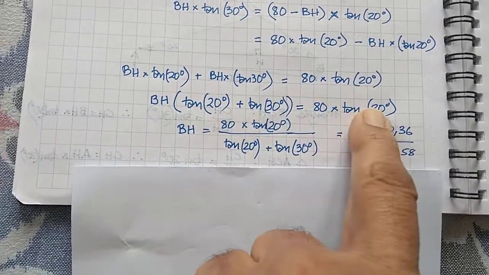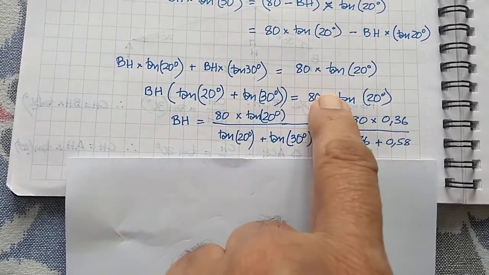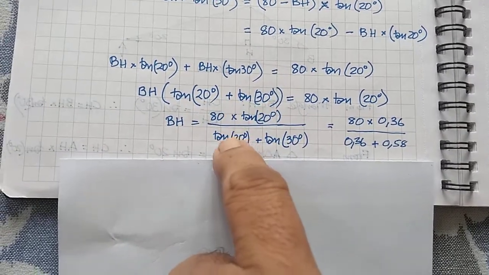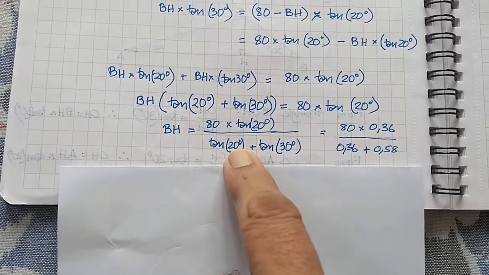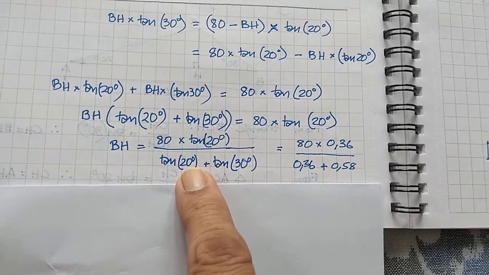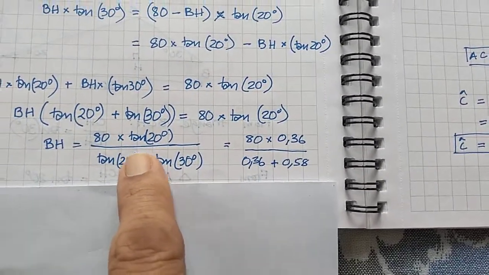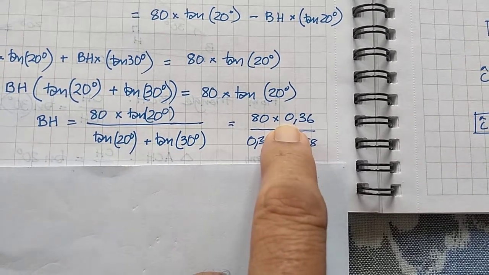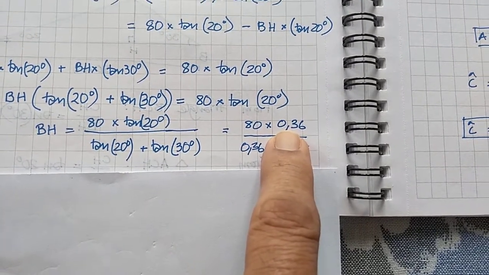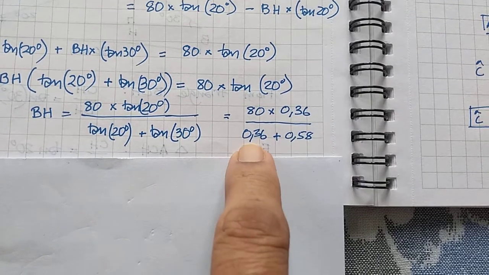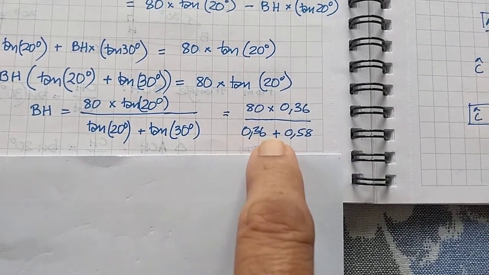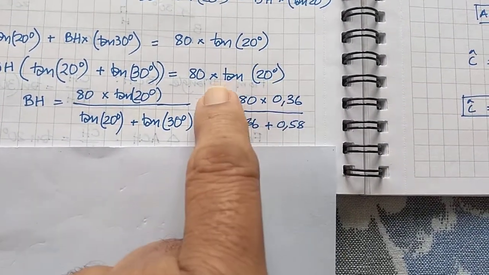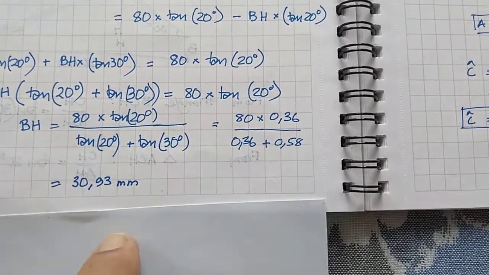So see how I came from there to there. I divided both sides by tan 20 plus tan 30. This side got simplified, this side it came here. Now I replace the values. Well, 80 is 80. Tan 20 I look up on the calculator, it is 0.36. You can do that yourself. Tan 20 again 0.36. Tan 30 0.58. So this is my value of BH.